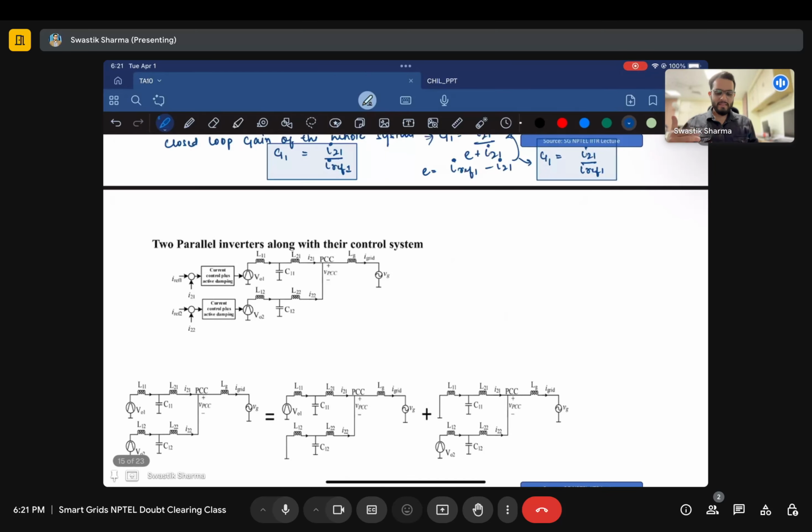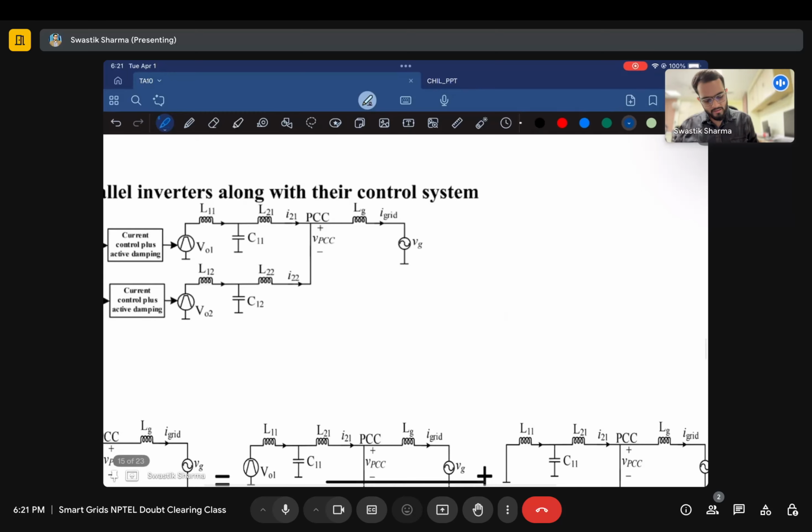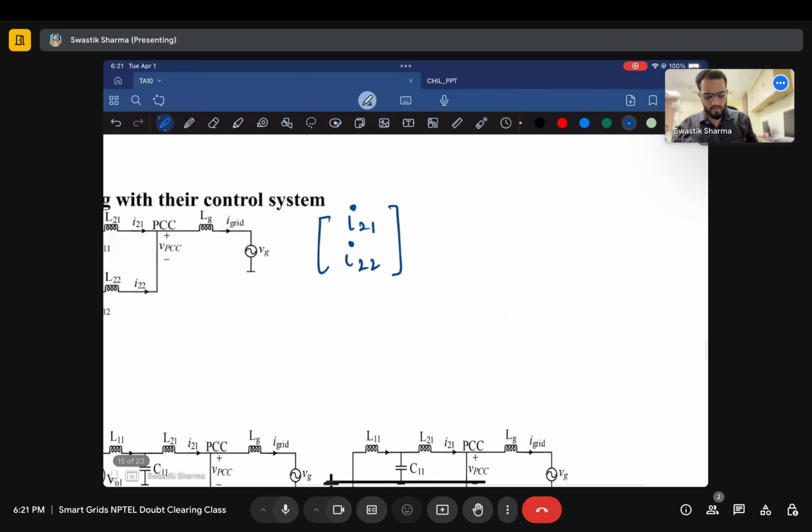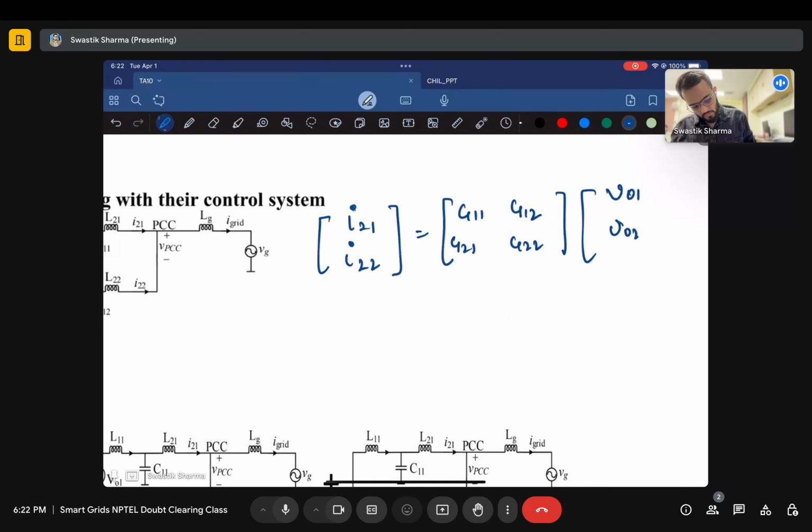Now, let's say that you have two parallel inverters connected to each other. In these two parallel converters, we can write their output in terms of their transfer functions and input variables as G11, G12, G21, G22, and V naught 1 and V naught 2.